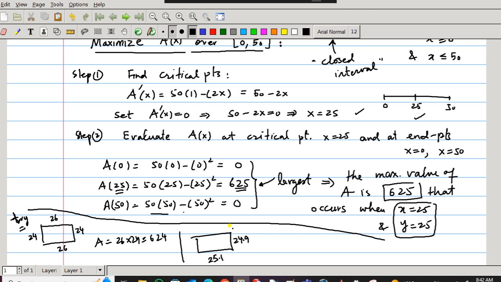So let's see, 25.1 multiplied by 24.9 is 624.99. So your area is 624.99. See, still less than 625. So you can try any other numbers other than 25, 25. You will not get as large as 625. So mathematics will guarantee that this is the maximum area. Okay.